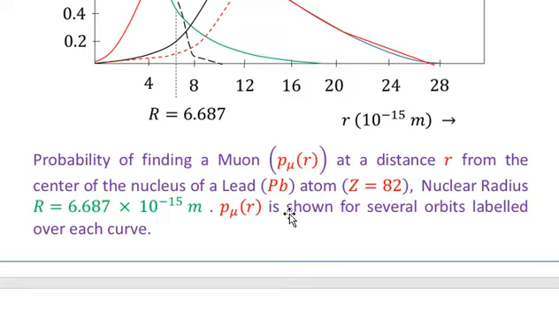The above figure is for the lead atom having atomic number Z equal to 82. The nuclear radius for the lead atom is R equal to 6.687 times 10 to the power minus 15 meter. The probability of finding the muon at a distance r is shown for several orbits labeled over each curve. So I am plotting this probability of finding the muon for several orbits, which have been labeled on each curve.